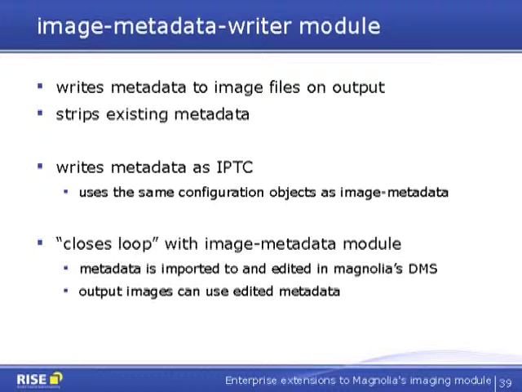So it'll strip out any existing IPTC or XMP metadata that might be present in the image, and it will replace that with what's stored in Magnolia's JCR database. It writes it in IPTC format, and it uses the same configuration as the image metadata module.